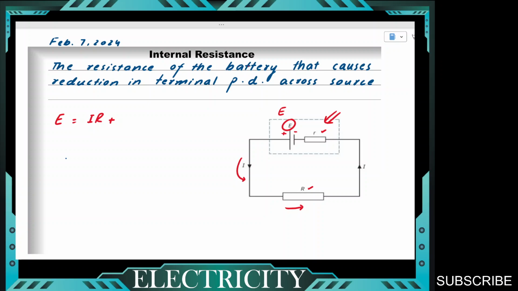So at this point, you can just consider it as another resistor which is connected in series. So the potential difference across that would be I times small r. No need to add any subscript with the current because current remains the same in the series circuit. So it is just a series circuit that contains two resistors. One of them is capital R and the other one is small r.